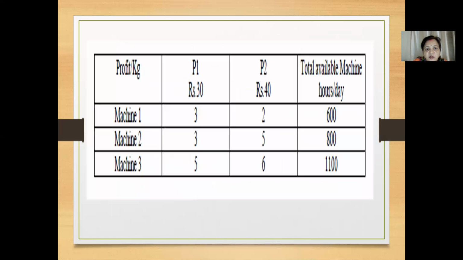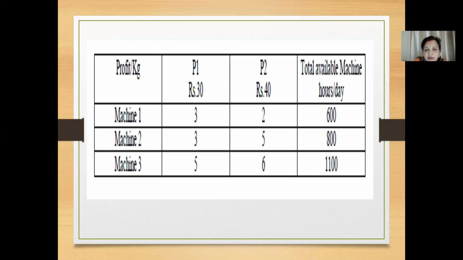This can be seen from this first table. The first machine takes 3 hours for product P1 and 2 hours for product P2. So the total time will be 3x1 plus 2x2, and the upper limit is 600. So we have 3x1 plus 2x2 less than or equal to 600.